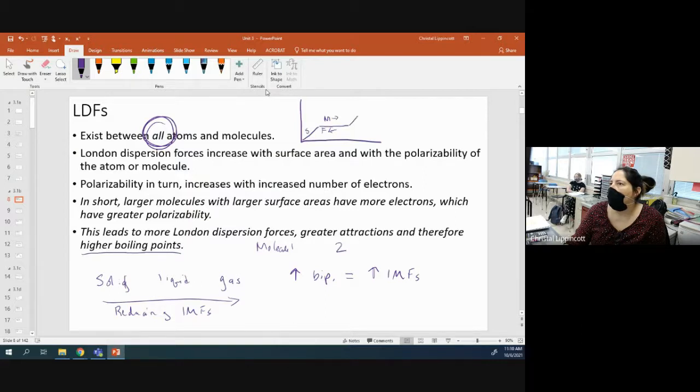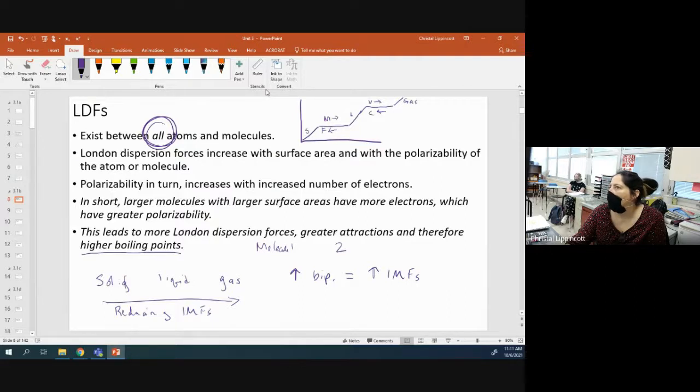Then we increase here. This is our liquid state. We get to a point here where we plateau. This is where we are going through vaporization if we're going this way, or condensation if we're going this direction. And then eventually we get to the gas stage over here. So here you are reducing IMFs.